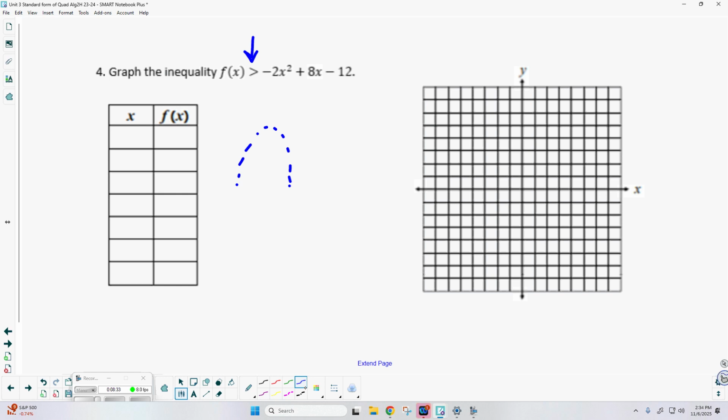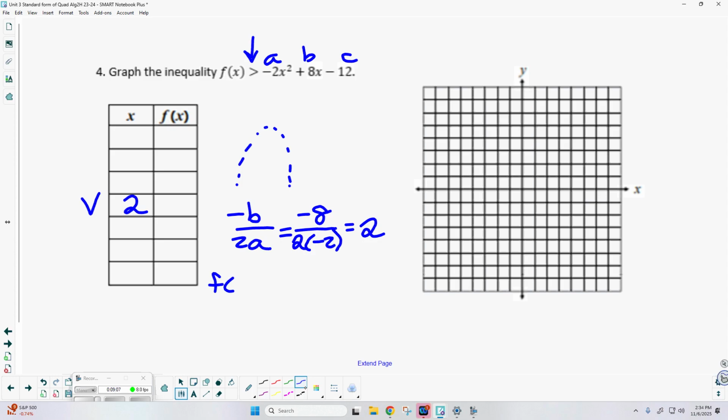Okay, well, let's find the vertex. Here's A, here's B, here's C. Again, it's the same expression. The opposite of B over 2A. Let's put my vertex right here in the middle. So what's the opposite of B? -8 over 2 times A. A is -2. So -8 divided by -4, that's a +2. So now I'm going to plug that 2 back in.